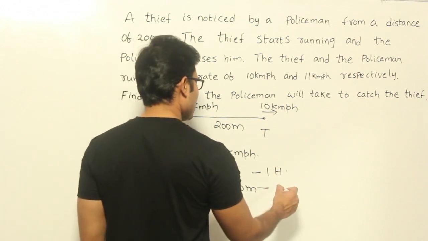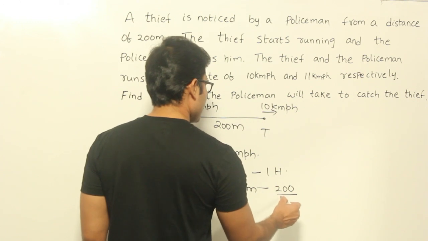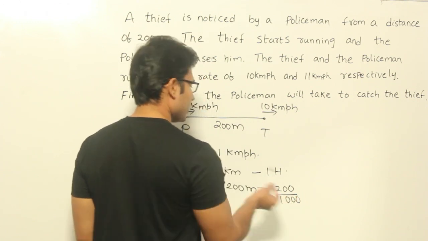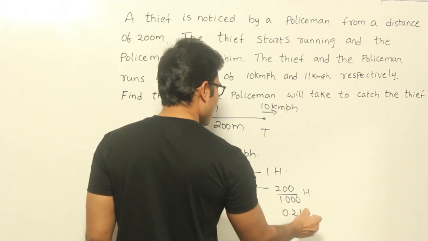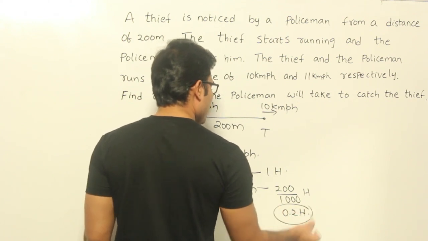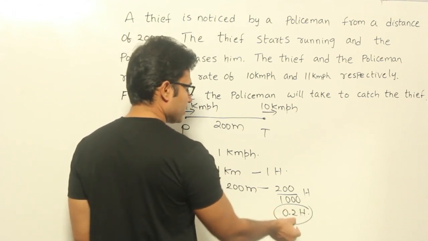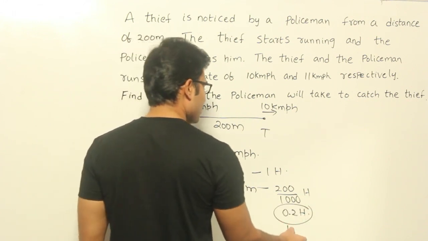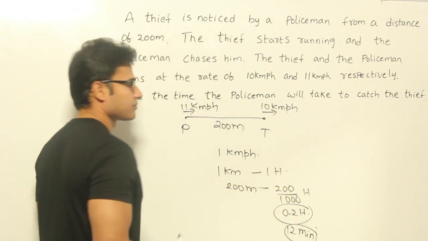So it is nothing but you can say 200 divided by 1000. I am converting everything to kilometers, hours, which means 0.2 hours, right? So what is 0.2 hours? If you convert it into minutes, 1 hour equal to 60 minutes, 0.2 into 60 is nothing but 12 minutes. So in 12 minutes he will be able to catch him.